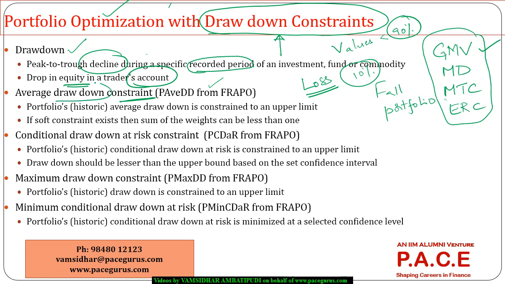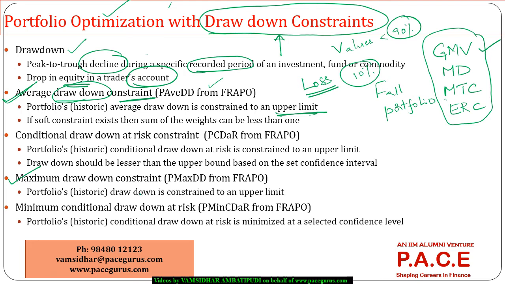One, I can set an average drawdown constraint, meaning I'm putting some kind of an upper limit on the average drawdown value. I should not lose beyond a certain point. That is the average drawdown constraint. Or I can have a maximum drawdown constraint. So at any point, the loss cannot cross this particular number.